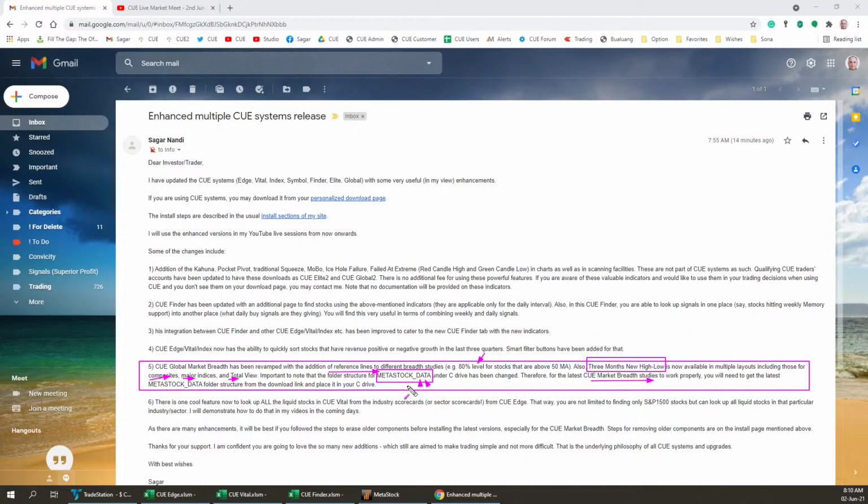It was not easy to make the change, and I had to do it because though initially global market breadth was released and used only for USA market, now several traders are using it for India market also. So I had to name the folders more meaningfully to know that, for example, NSE is National Stock Exchange of India.